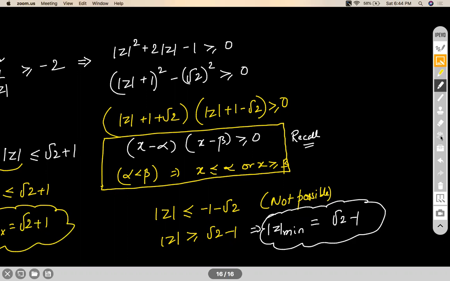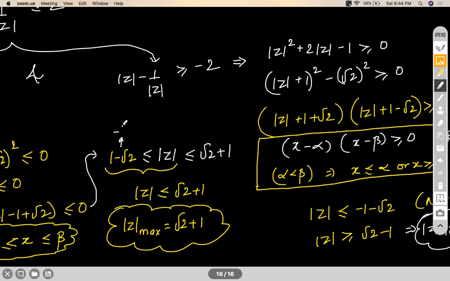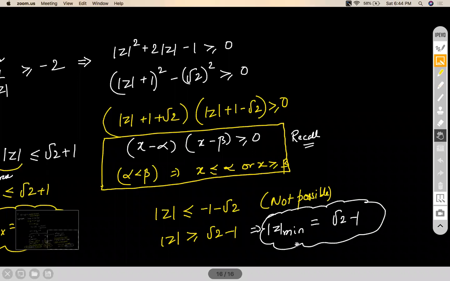Sorry for the confusion there, because it was giving you minus 1 minus root 2, a negative quantity, so it's always true. So from here we end up getting the exact thing. The minimum value is going to be this.